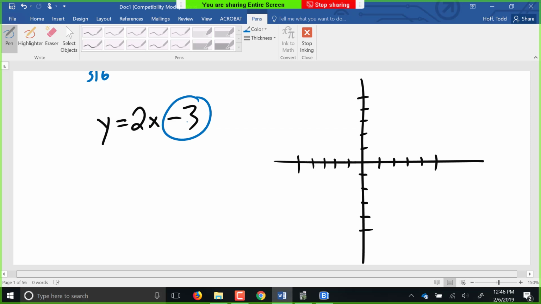That's telling us that from the origin, instead of going through the origin, we go down 3, that line goes through that point right there. The 2 tells us that it's steeper than normal. So instead of going at a 45-degree angle across our graph, it's going to go something like that across our graph.